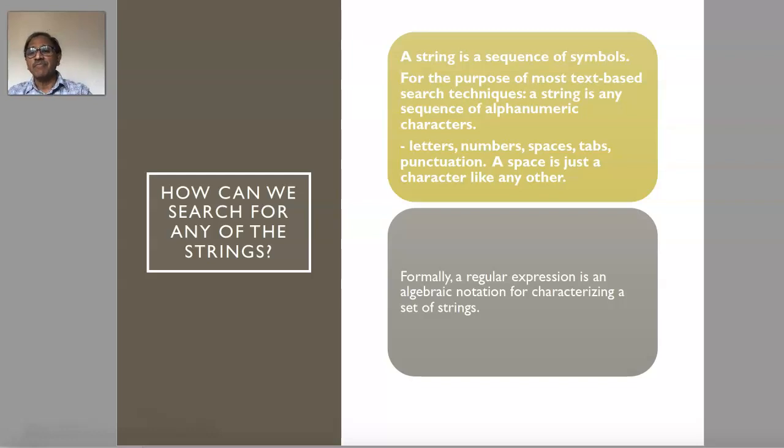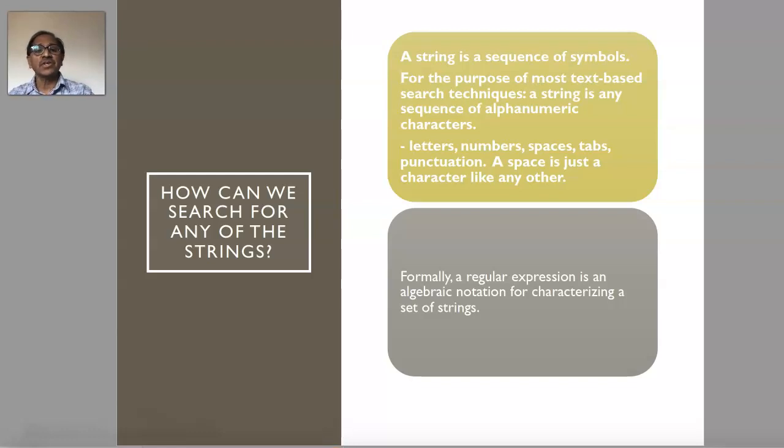So for the purpose of most text-based search techniques, a string is any sequence of alphanumeric characters. That is letters, numbers, spaces, tabs, punctuation, and so on. A space is also a character, like any other.